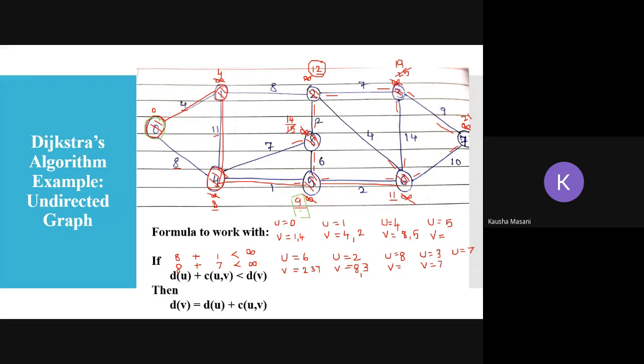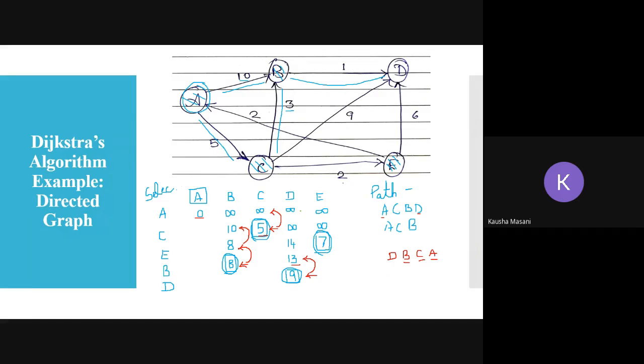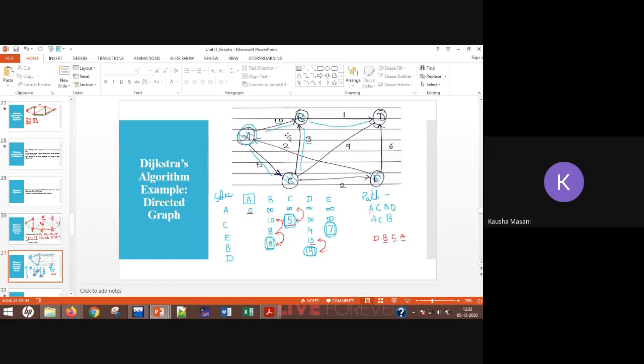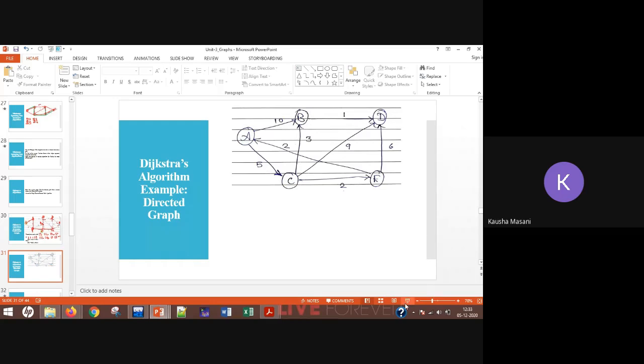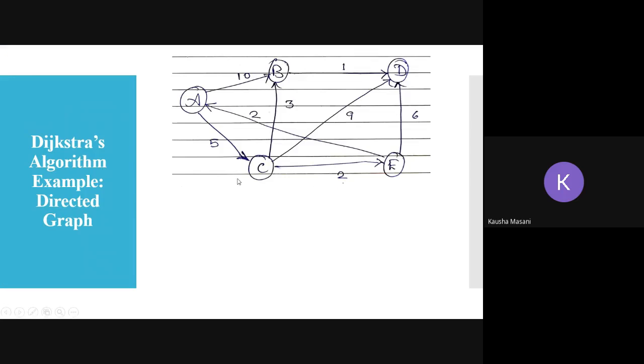Okay. This was for the undirected graph. Now, if we talk about the directed graph, there are arrows. Then again, you are going to do the same thing.